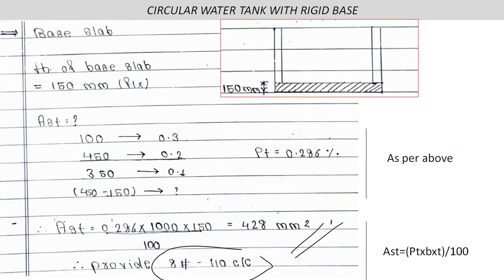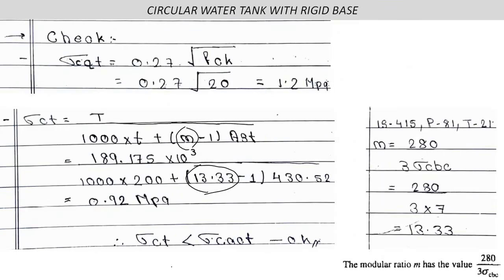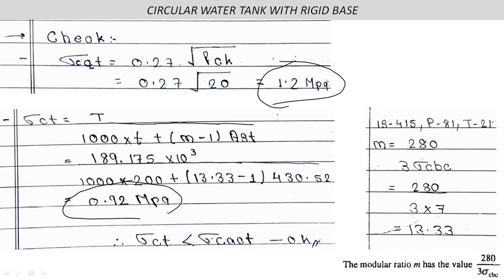So from that we have to use the area of steel in tension value, and we have to place it over here. So the value of sigma CT is 0.92 MPa. The value of sigma CT is less than the value of sigma CAT, which means it is okay, and we do not have to provide shear reinforcement. So the check is okay.